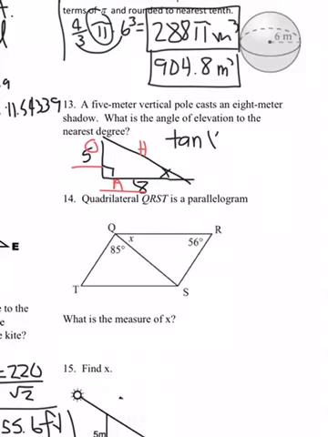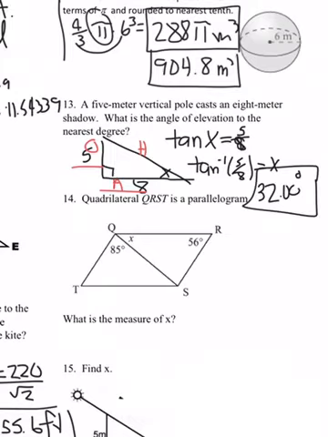So you have tangent x equals 5/8. In order to solve for an angle, you must use inverse tangent, which is the tangent, or any trig, with the little -1. You put the 5/8 in the parentheses, and it gives you 32.0016, I believe, and so 32 degrees. That's the answer.